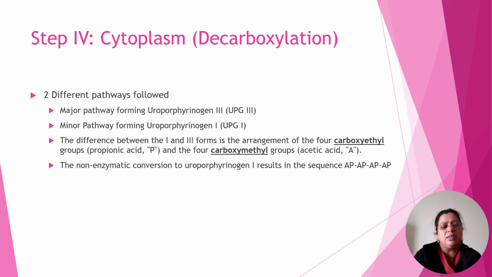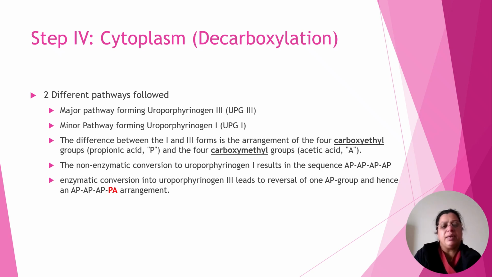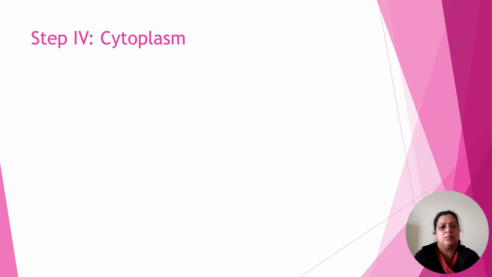Okay, so it is simple, it is symmetrical, there is no disharmony. Whereas the enzymatic conversion into the uroporphyrinogen 3 leads to reversal of one acetate and propionic acid group, which is in the last ring of the tetrapyrrole. So in the last arrangement of the tetrapyrrole, it is arranged in the reverse order. Instead of acetate and propionic acid, the arrangement is propionic acid and acetate.